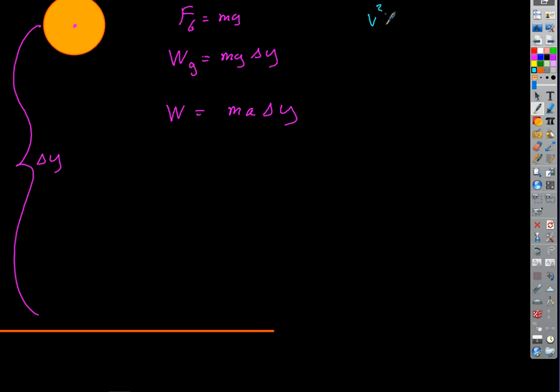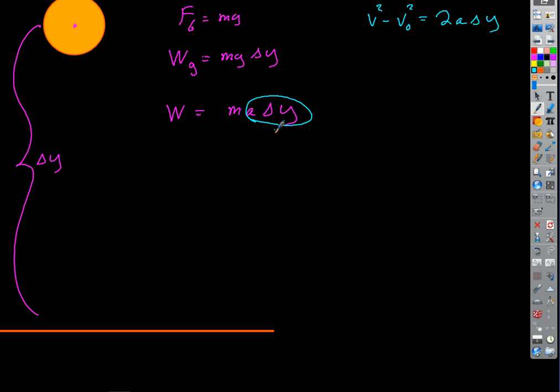v squared minus v naught squared equals, 1/2? No, it was 2 acceleration delta s. But in this case, we'll call it delta y because our movement is vertical. Well, look right there. There's an a delta y, and there's an a delta y, right?